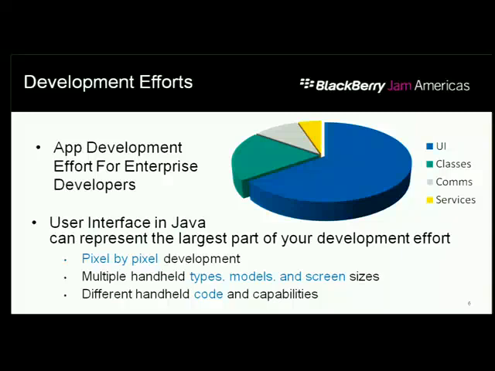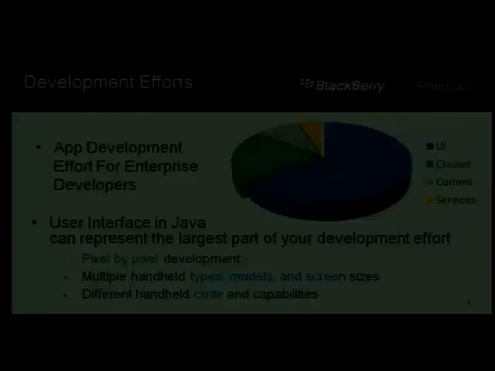So in Java, you look at pixel by pixel development, adding tons of layouts to the screen to make a component appear in a given area, I guess. We talked about screen sizes already and the different code capabilities, so I'll move on to the next one.